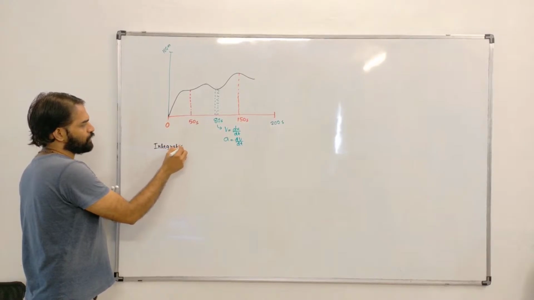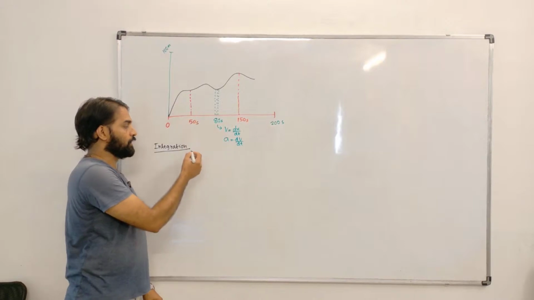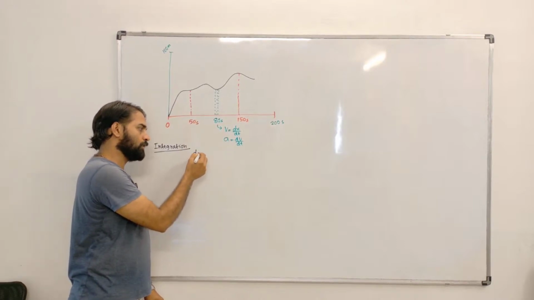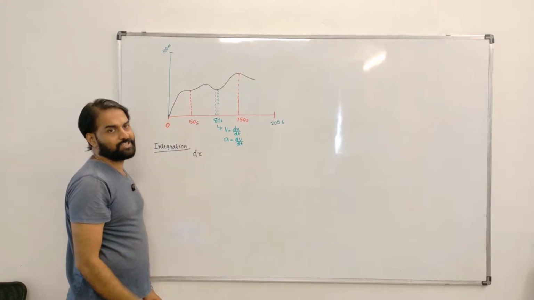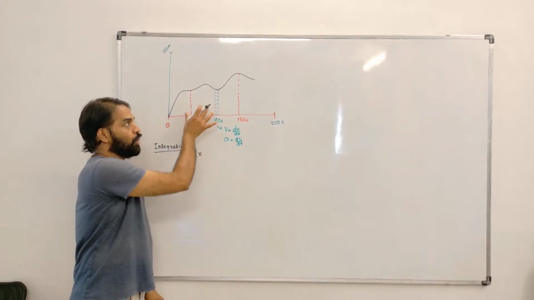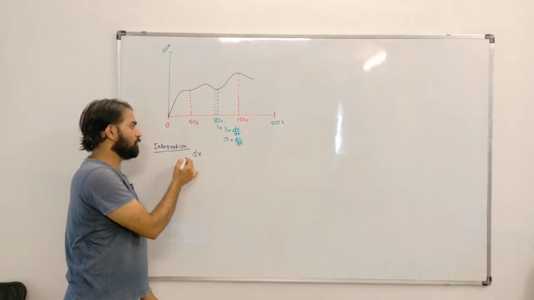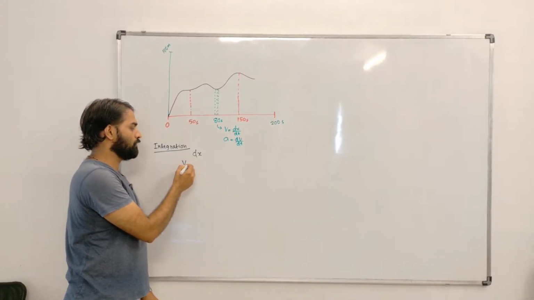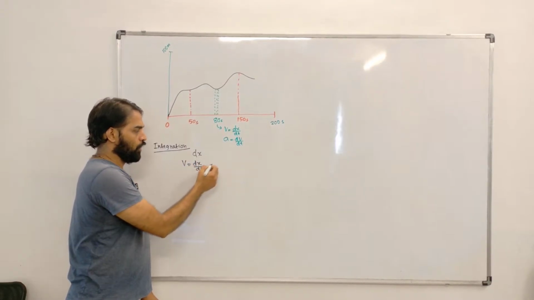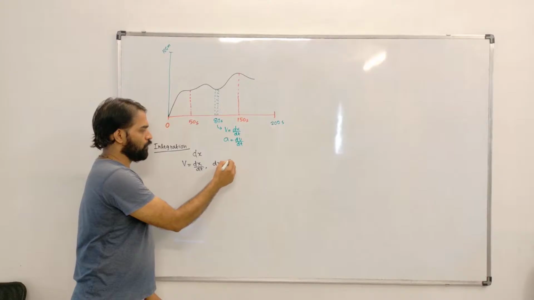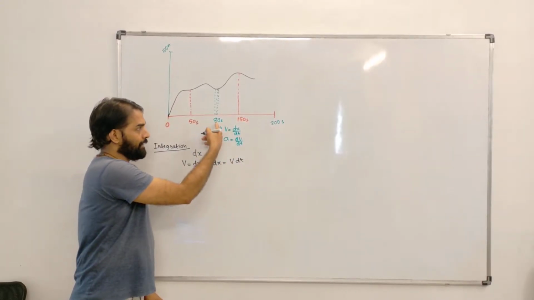Regarding integration, what you have to remember is that you know the physical quantity, the position change over a small second, that is dx. But you want the total displacement. We know velocity v is equal to dx by dt, so the displacement dx is equal to velocity v into dt. This is the displacement dx at the 80th second.